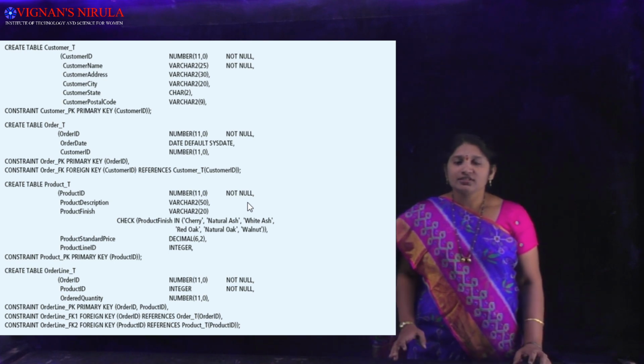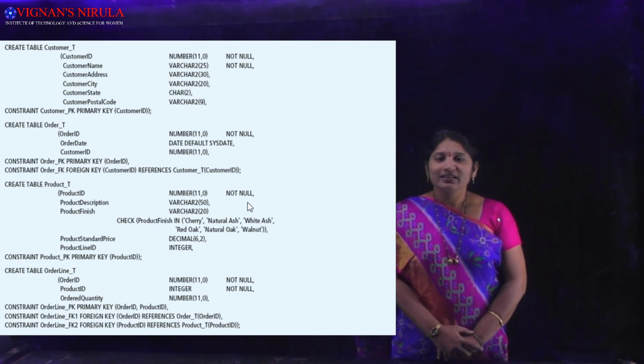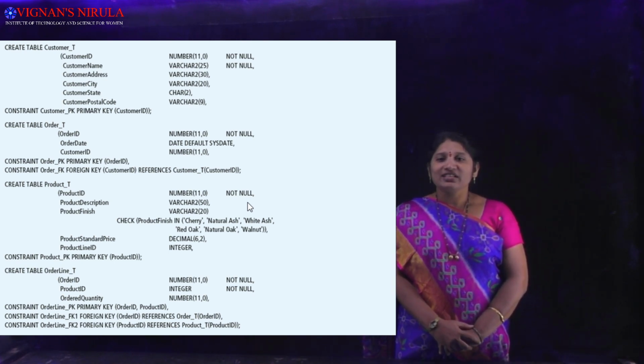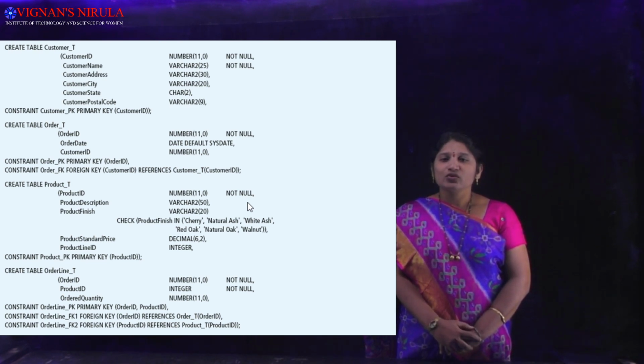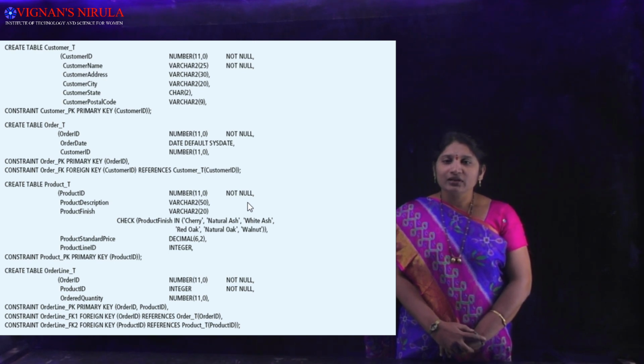So this is the information regarding the customer table. The customer table consists of customer ID, customer name, customer address including the city, state, zip code, etc. All that information is being recorded in the customer table. While coming to the order table, what is the order ID, what is the customer ID who has placed that order, all that information is being captured in the order table.